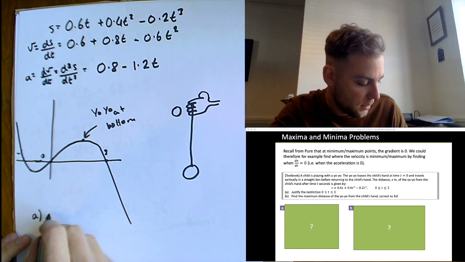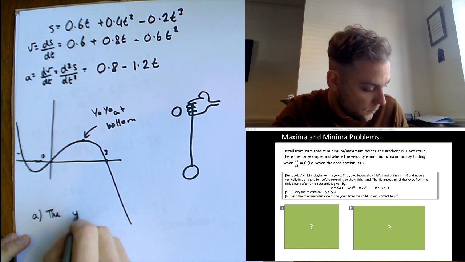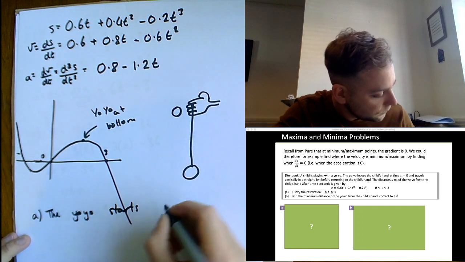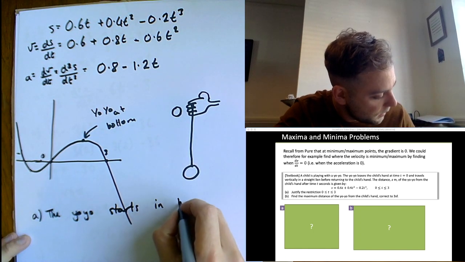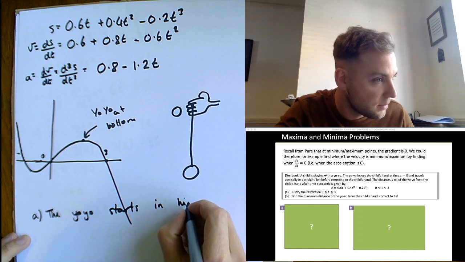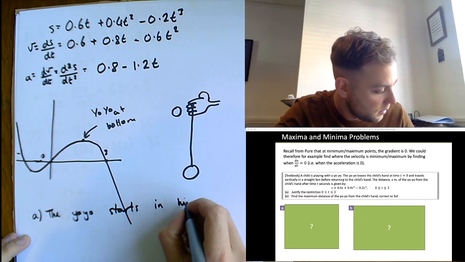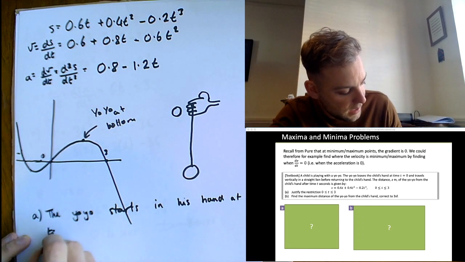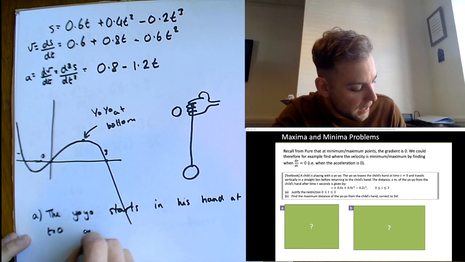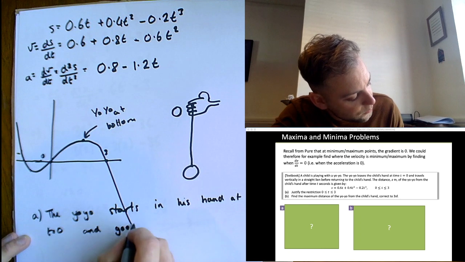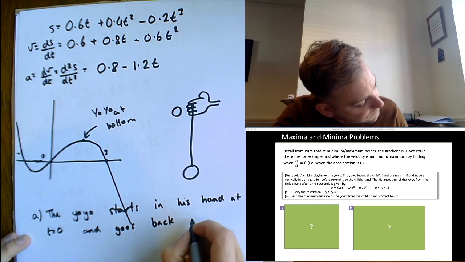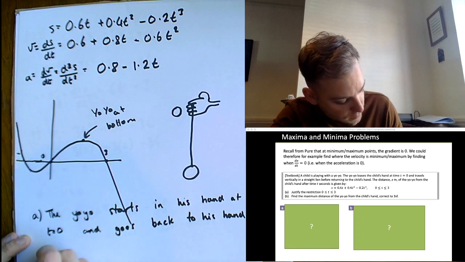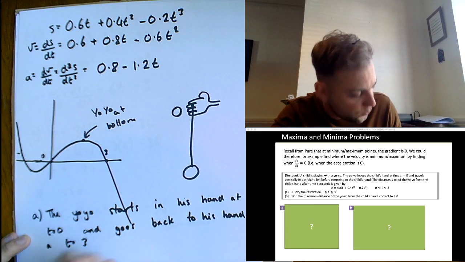So the yo-yo starts in his hand at t equals 0 and goes back to his hand at t equals 3.